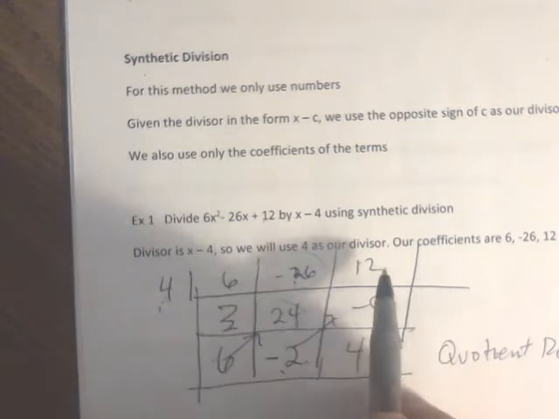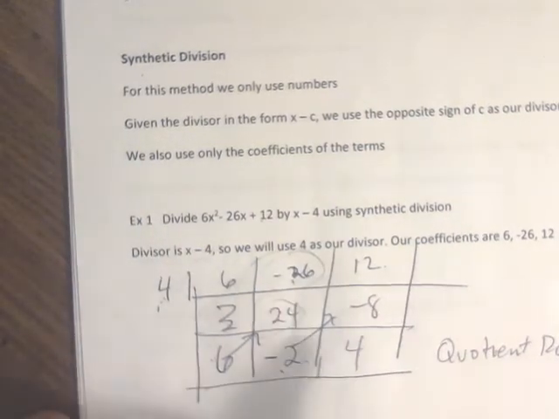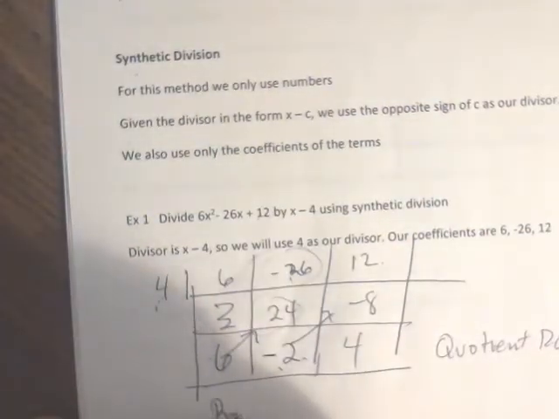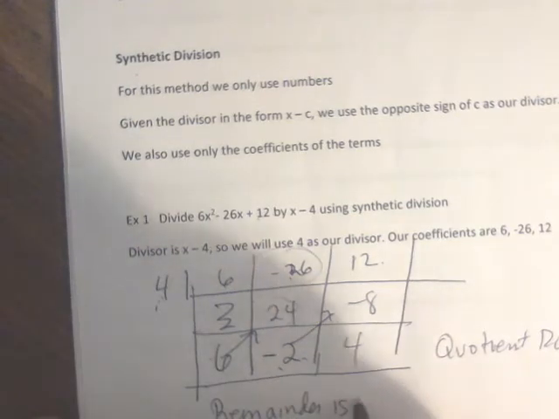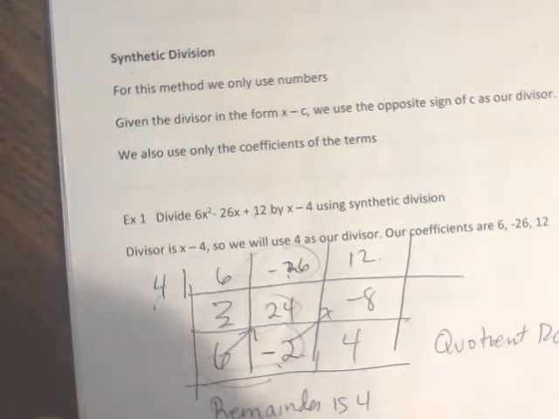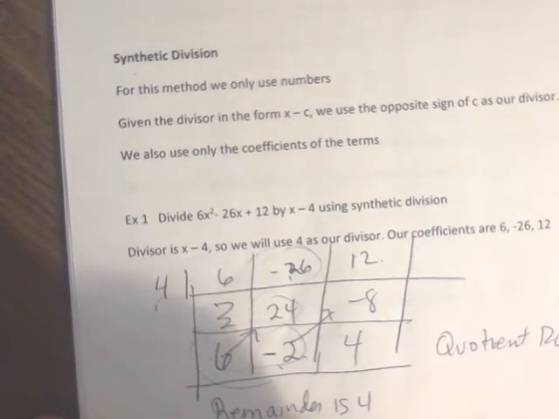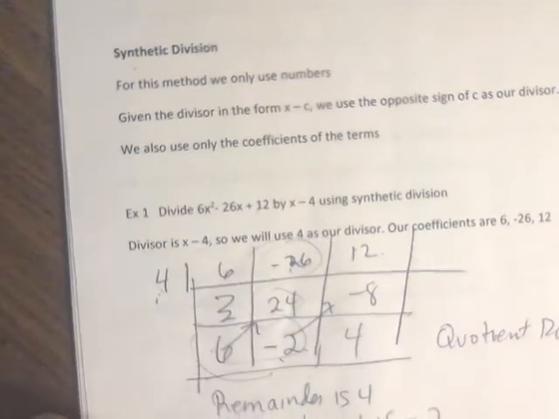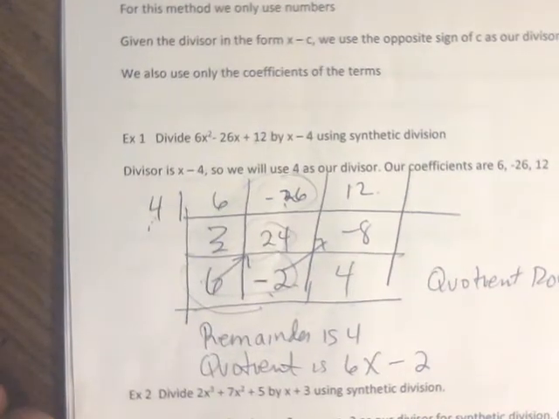So I'm finished because I've reached the end of my numbers. This 4 is what we call our remainder. My quotient is 6x minus 2. So how do I get the quotient?